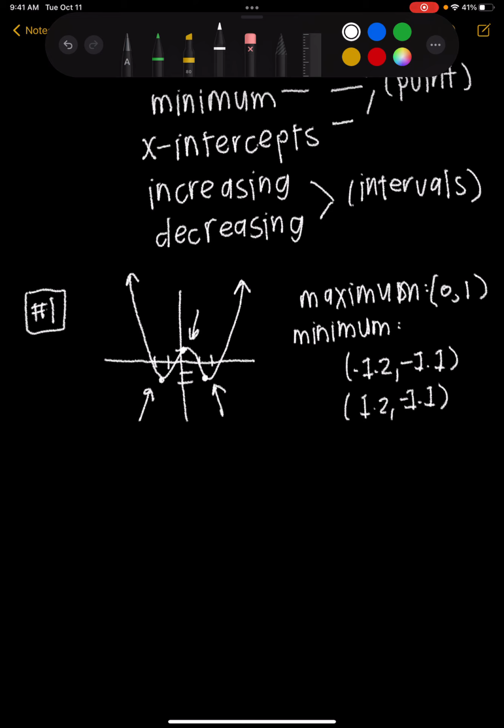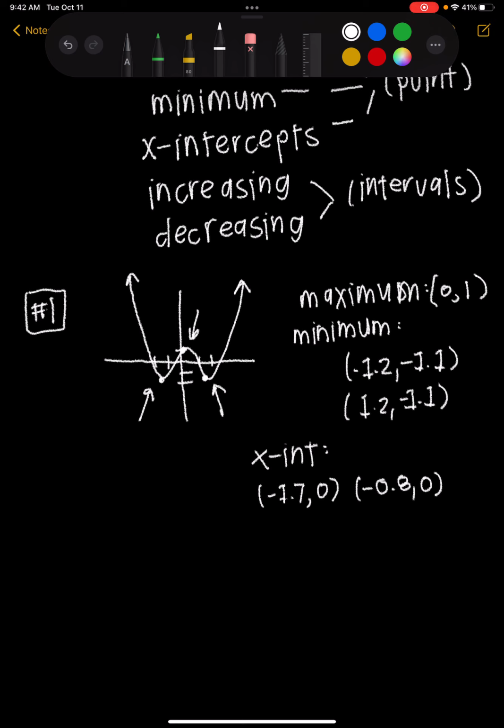Okay, now let's go through the x-intercepts. And the x-intercepts are where it crosses the x-axis. It crosses the x-axis, in this case, 4 times. So I'm going to start from the very left. The very left one looks maybe like it's negative 1.7, comma 0, because the y value is 0. And then maybe negative 0.8, comma 0 for the next one to the right.